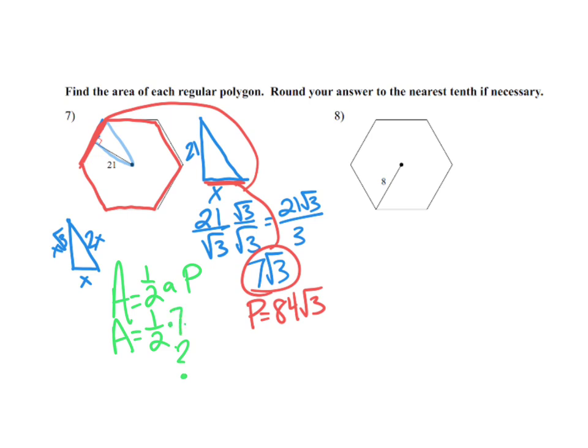Okay, it should be 7 root 3 times. Now tell me, what are you going to put in for your P value? 84 root 3. All right, now we're going to go to our calculator. It did say to round to the nearest tenth, so let's go type this in our calculator.